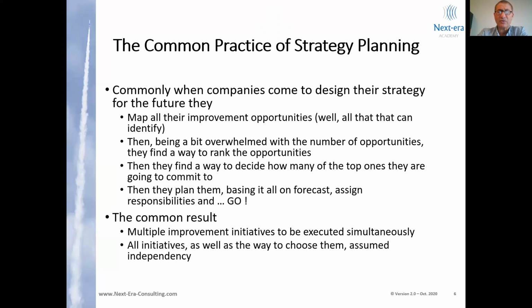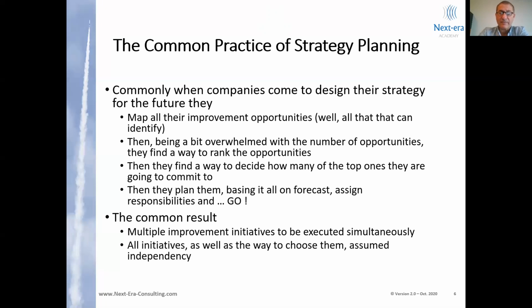Then they put the line and they know that in the coming horizon of the plan, they will be focusing on X number of initiatives. The initiatives are then planned, manned, get responsibilities, and the implementation starts. The common result is that most companies, when they have a strategic plan, find themselves running simultaneously multiple improvement initiatives in multiple areas.